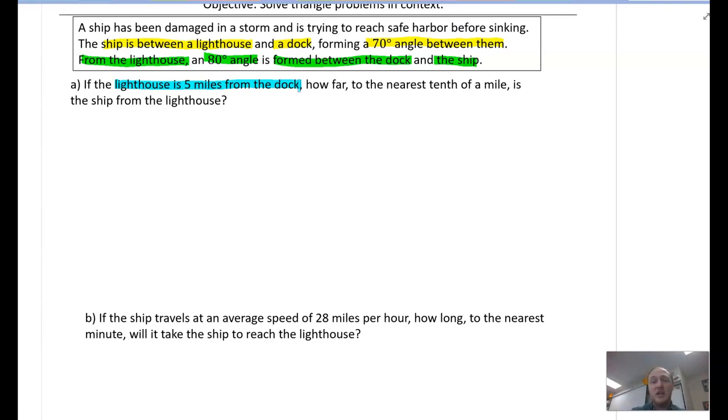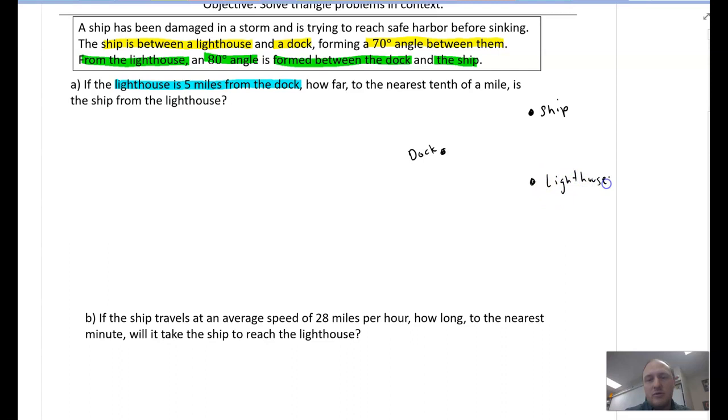Let's draw a picture that can help us understand what's going on. Here's our ship, and this ship is between a lighthouse and a dock. I'll put another point here and call this the dock, and this is the lighthouse.